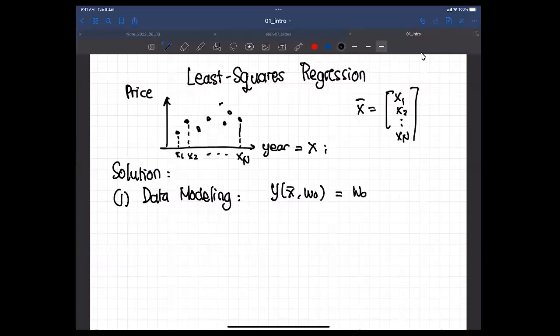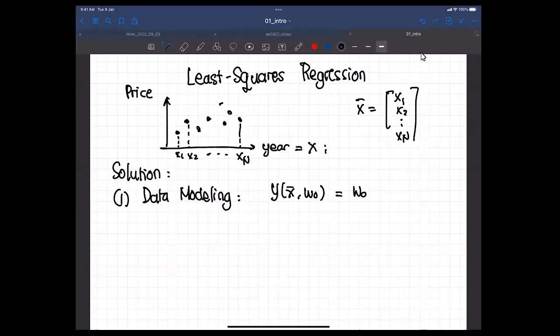If I put a very simple scalar value w0, how can I draw the line? It's a straight line, it's horizontal, right? If I try to draw a horizontal line on the graph, where will it likely be?